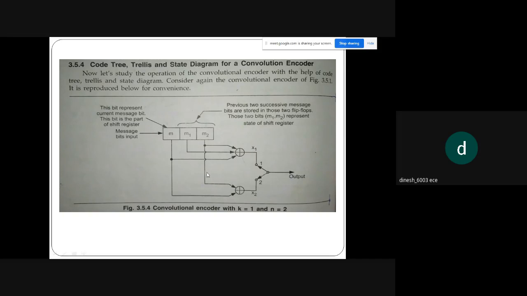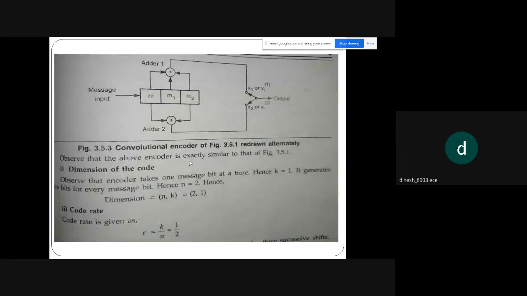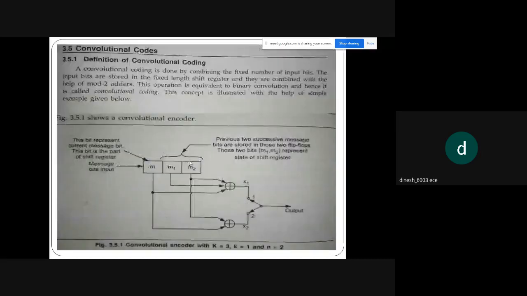Make sure that the diagram is the same. I'll go back and show you again if required for better understanding. You can see that the problem we have redrawn is also the same. X1 is due to M, M1, M2. X2 is due to M and M2 in this problem. It is the same that we had defined for capital K is equal to 3, small k is equal to 1, and n is equal to 2.